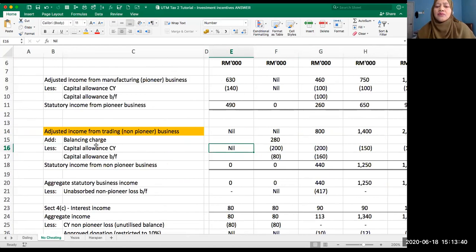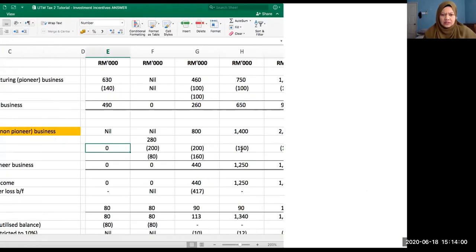Okay, capital allowance you have 240. Alright? But because you're having adjusted loss, so patutnya current kat sini 240. But because you have losses kat sini, so dia bagilah 0 kat sini. Yeah, so because you cannot have 0 minus 240, so that's why you throw 0. But that 240, is it 240? Sorry. 240, yeah.